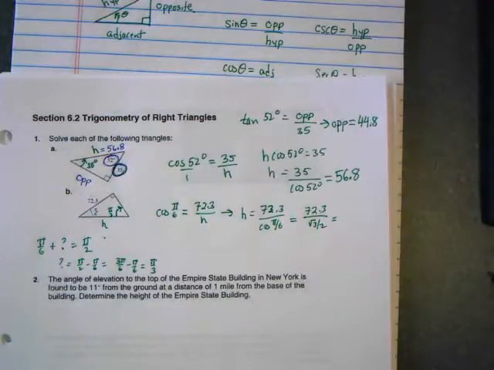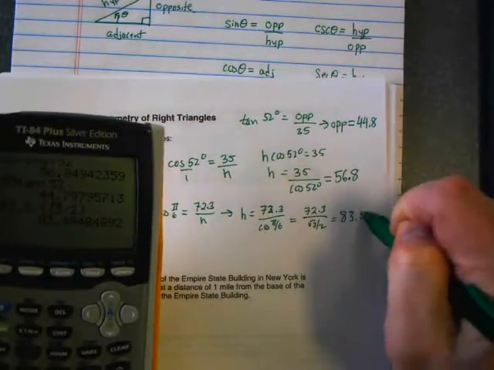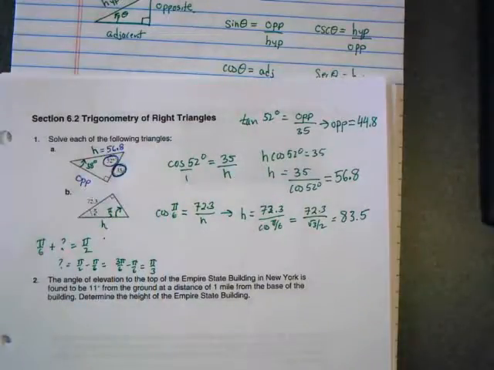I'm just going to use my calculator anyway. 72.3 divided by square root of 3 over 2. I get 83.5. 83.5 is what I got.